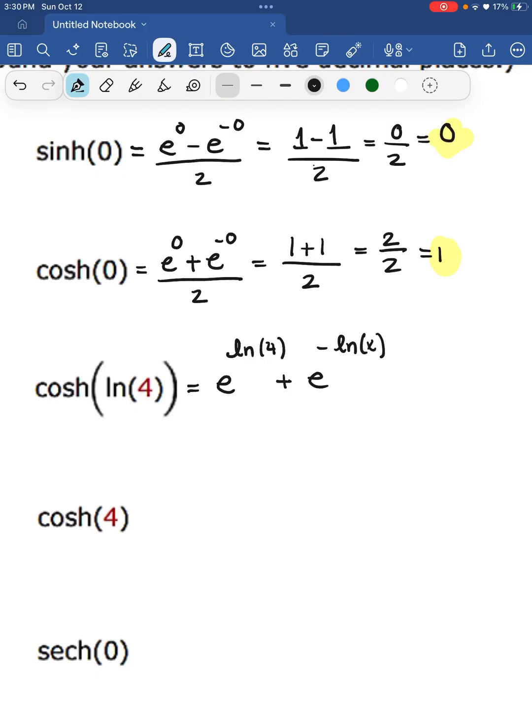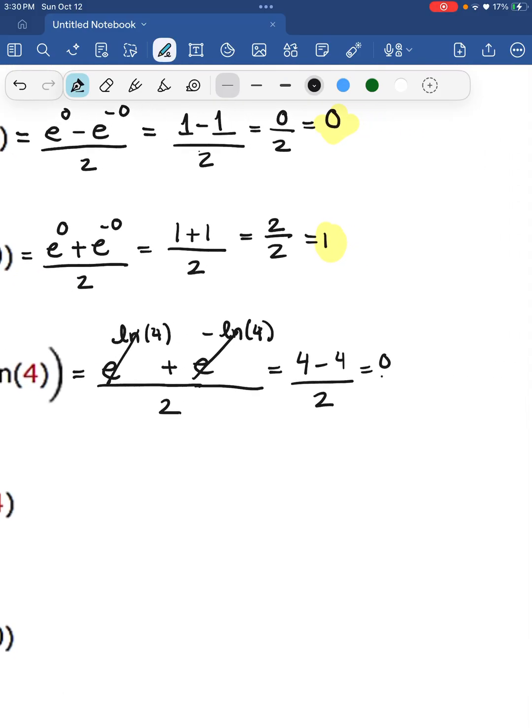This is cosh of 4. And we have e to the 4th plus e to the 4th, which puts us at 2 e to the 4th over 2, which is definitely just e to the 4th, and then we can use our fancy calculators to find the decimal approximation of e to the 4th.